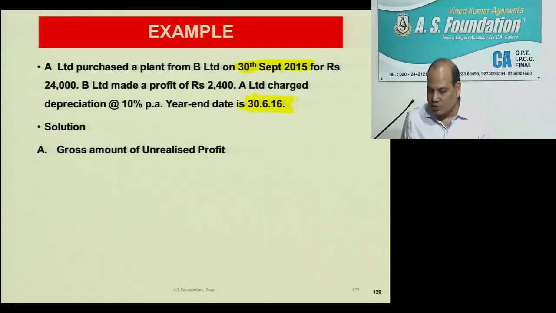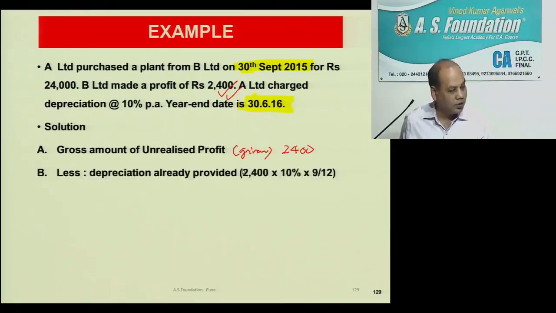So gross amount of unrealized profit, how much have you written? 2,400. It's given, no calculation. Point B, less depreciation already provided: 2,400 into 10% into 9 by 12. What is that 9 by 12? 9 months, September 30 to June 16.